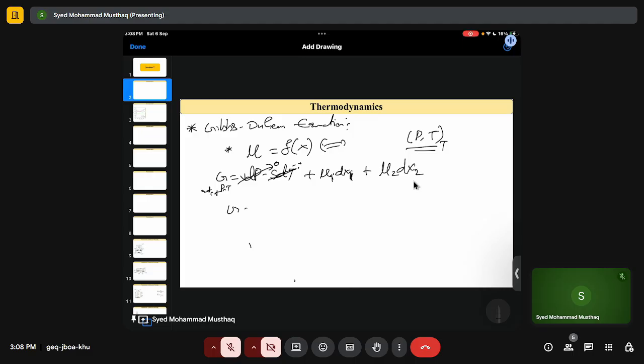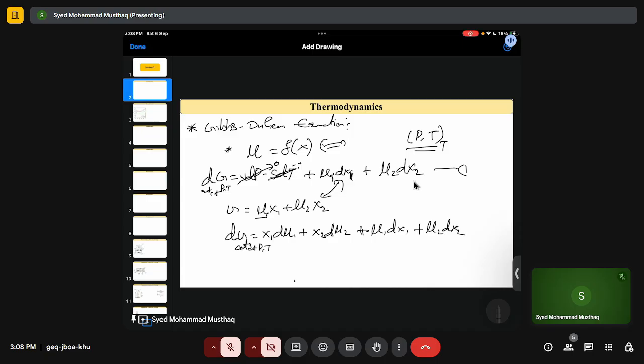Now I can write my equation like this. I'm just writing it, so it doesn't relate to this here. Now what I'm trying to do is differentiate on both sides. Let's do mu1 first. So x1 d mu1 plus x2 d mu2. Now let's do for x1 mu1 at constant pressure and temperature.